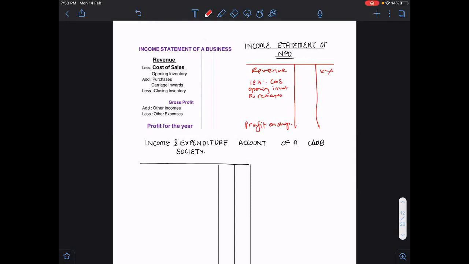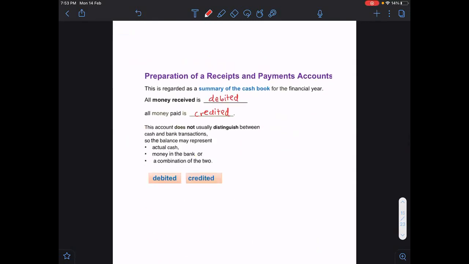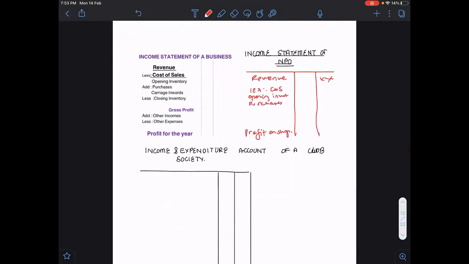Inventory plus purchases minus closing inventory gives you cost of sales, then gross profit less wages of shop staff gives you profit or loss from the shop.